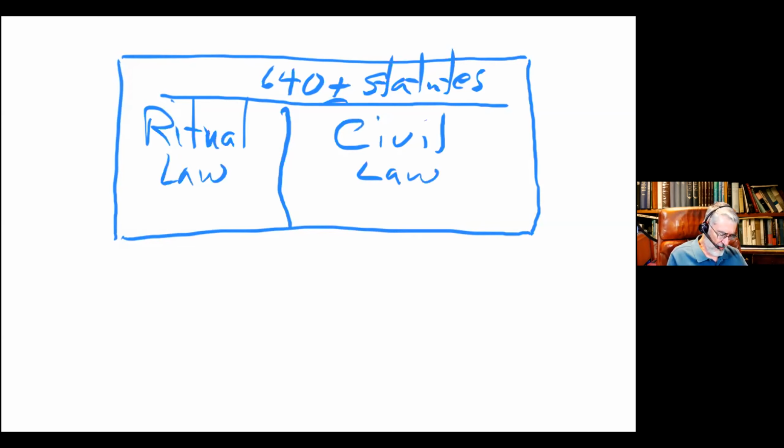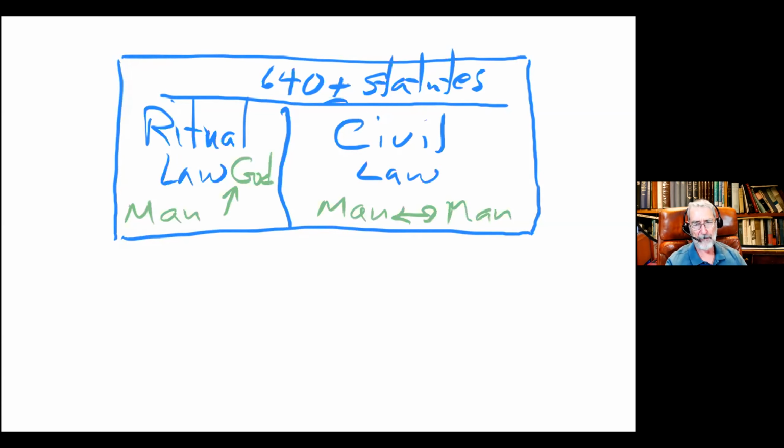So ritual law has to do with man to God. Civil law has to do with our relationship to one another, man to man, man to woman.